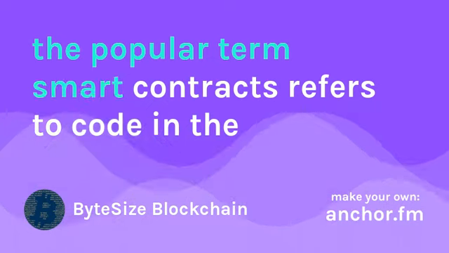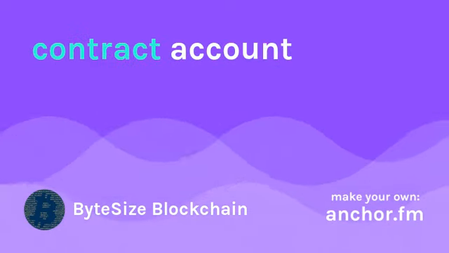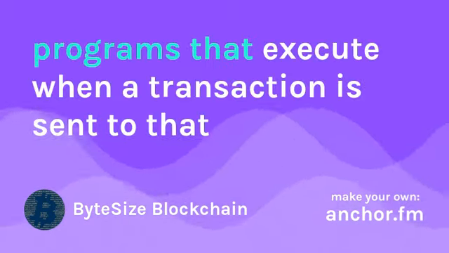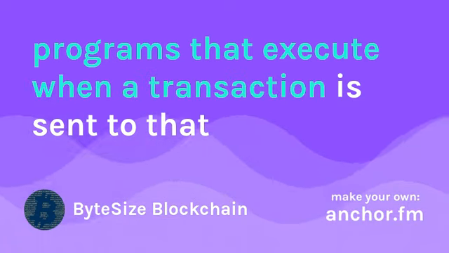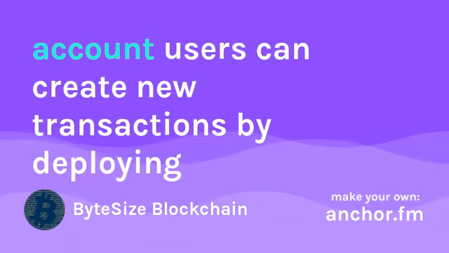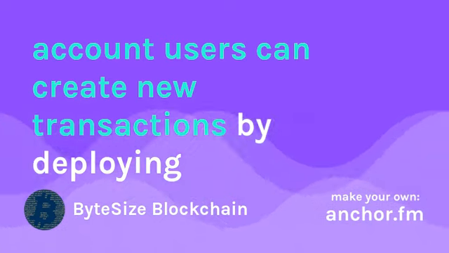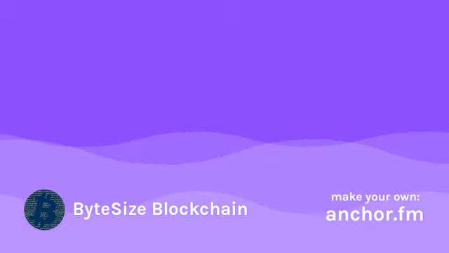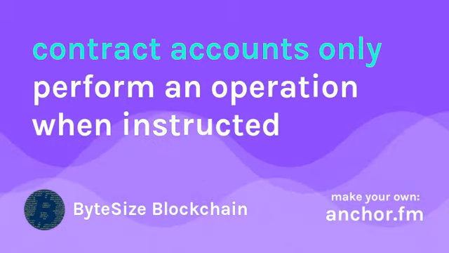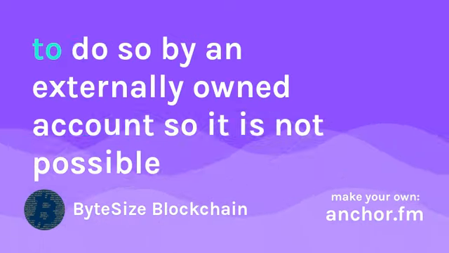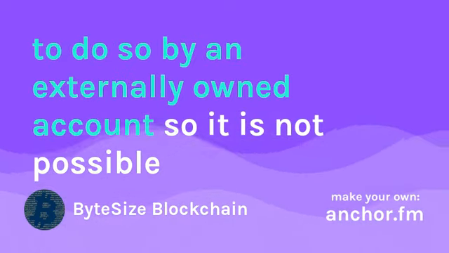The popular term smart contracts refers to code in the contract account, programs that execute when a transaction is sent to that account. Users can create new transactions by deploying code to the blockchain. Contract accounts only perform an operation when instructed to do so by an externally owned account.